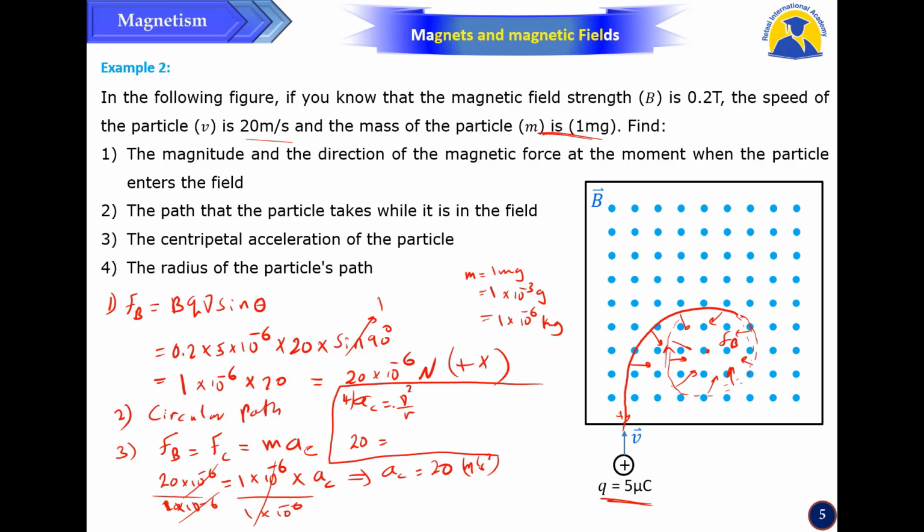V is the velocity, 20 squared means 400, divided by R. Cross multiply. So 20R equals 400. Divide by 20, divide by 20. So R will equal 400 divided by 20, zero cancels zero, 40 divided by 2 is 20 meter. So the radius is 20 meter.